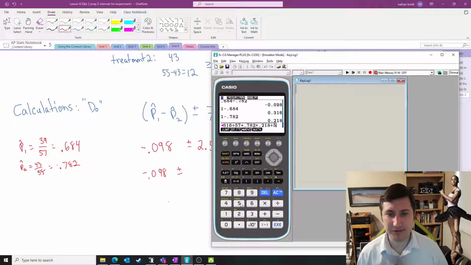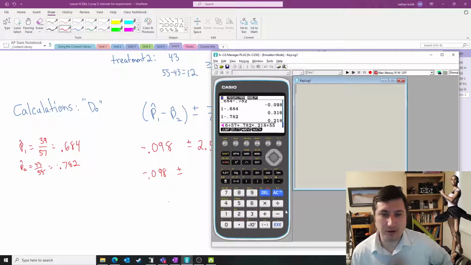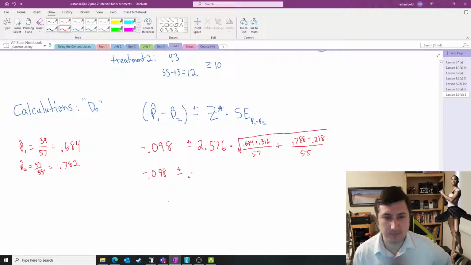Divided by 55. All right, throw all that in, hit enter, 0.214. All right, so there we have our margin of error there.